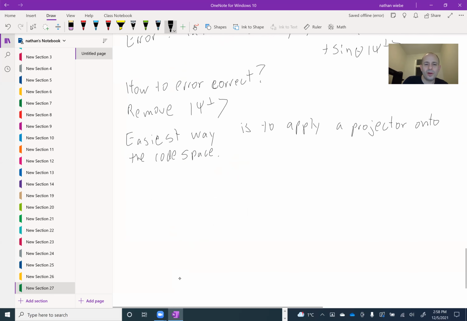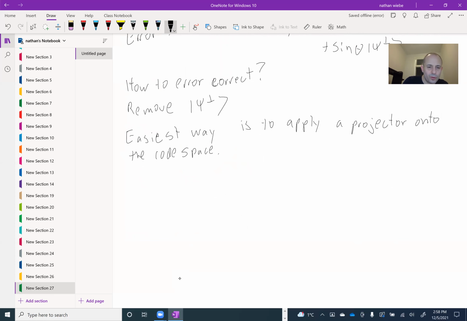So in our case, what is the code space? Well, the code space is simply the span of the two valid logical code words. The valid logical code words are 0 logical equals 000, and 1 logical equals 111.